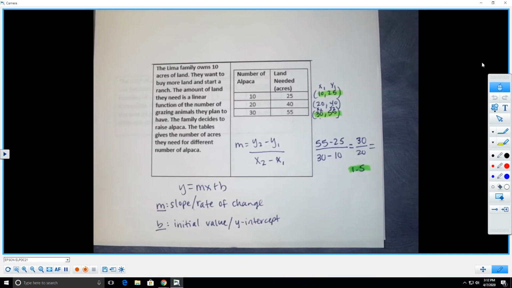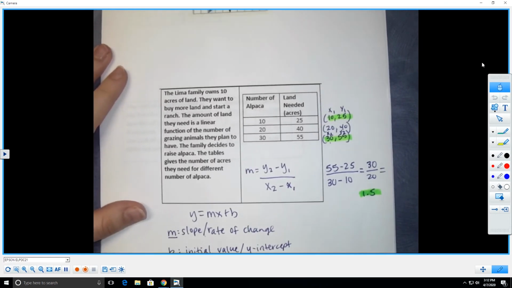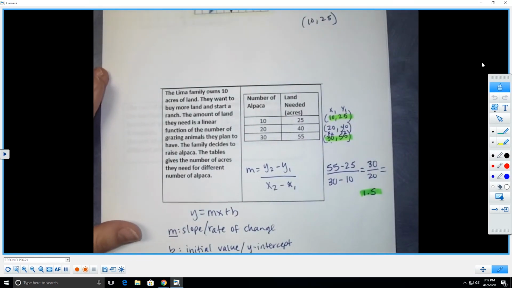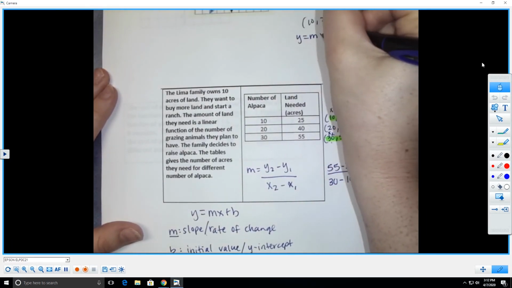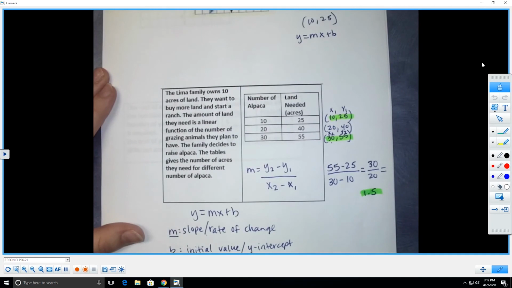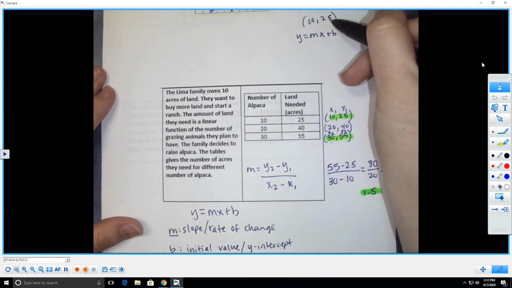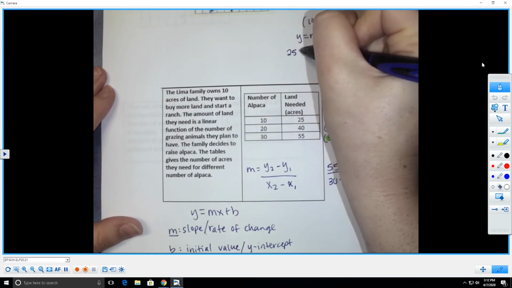Let's use 10, 25. I'm going to do my work up here. So we're going to use the point 10, 25. All right, so we're going to use the slope-intercept form, y equals mx plus b. And I'm going to plug in my values. So my y value is 25.